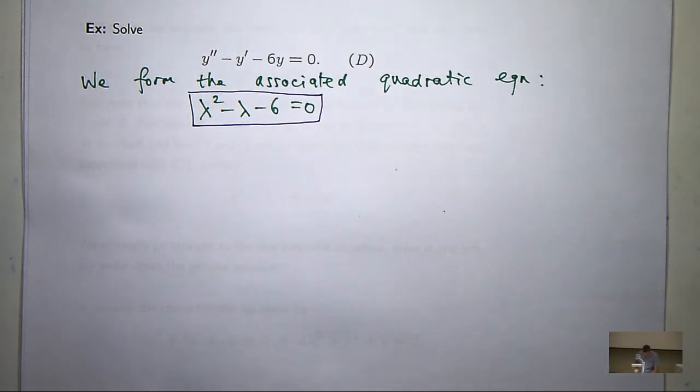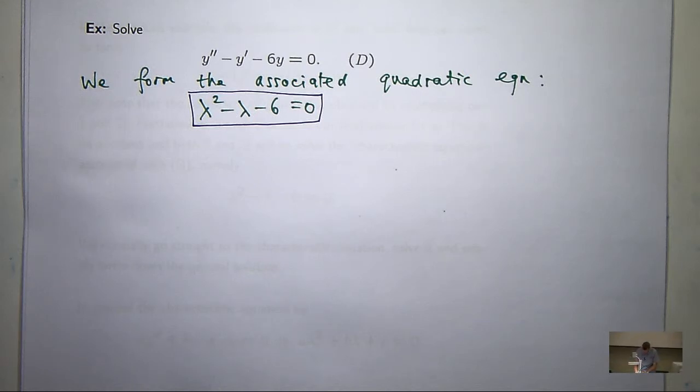Right, so I'm just going to factorise it. Minus 3. Plus 2. So our roots are going to be 3 and minus 2.